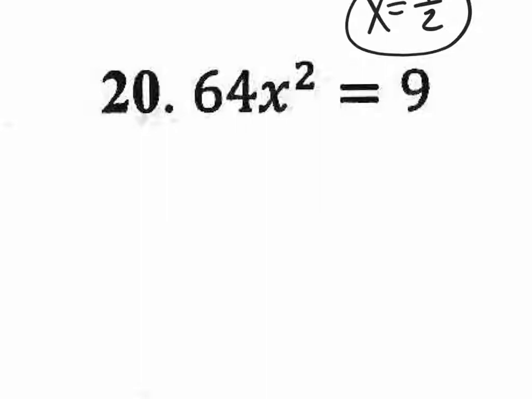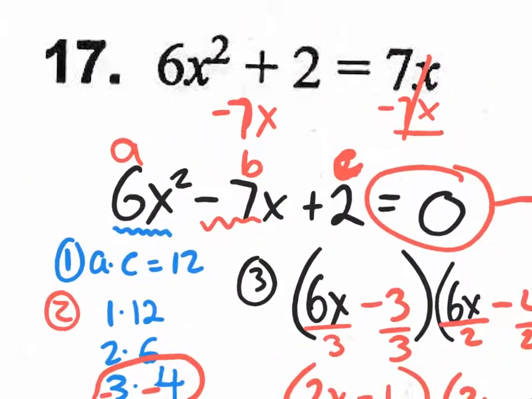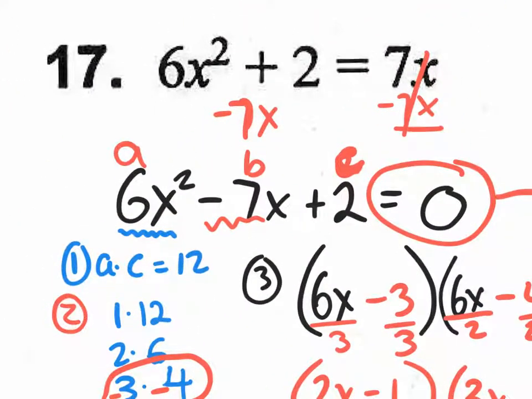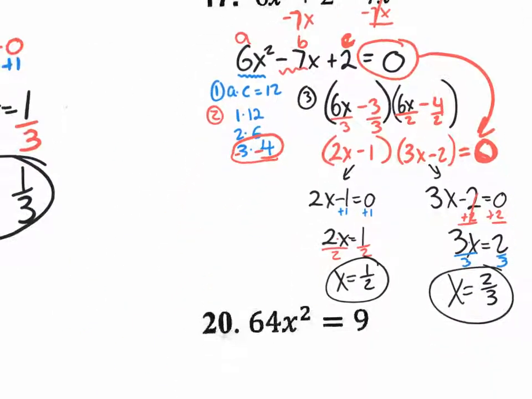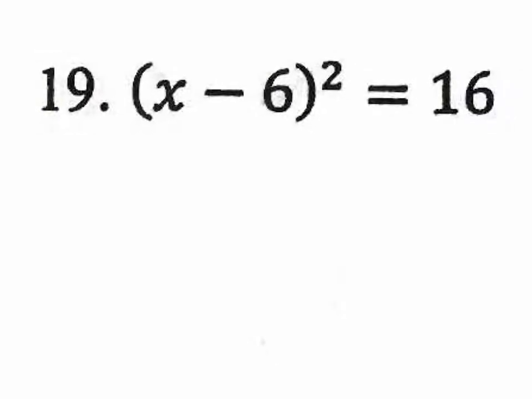What you do to one side, you do to the other. But if you compare those two to the ones above, you're not going to try to get x by itself because you actually have two x's, right? You have x squared and you have an x, so you can't get x by itself because those are two different types of x's. But right here on 19 and 20, you could get x by itself because you only see one x. So to get rid of something, you do the opposite. And the opposite of a square is a square root.